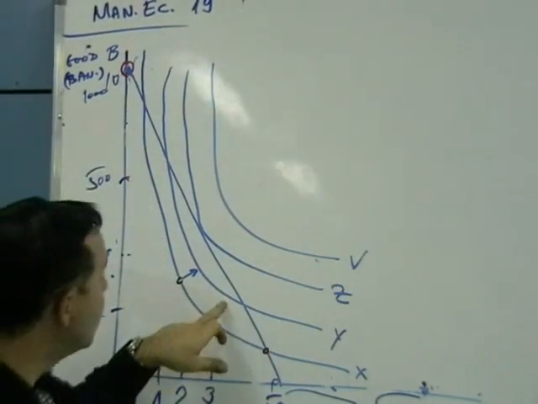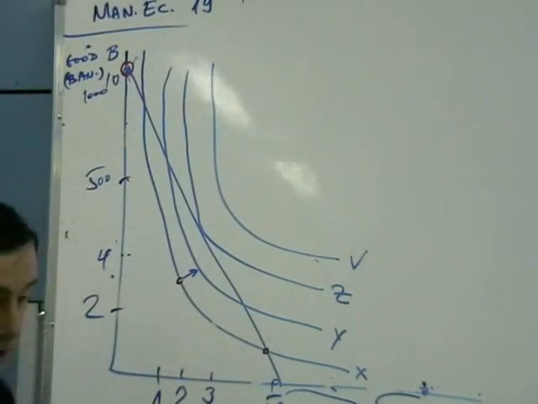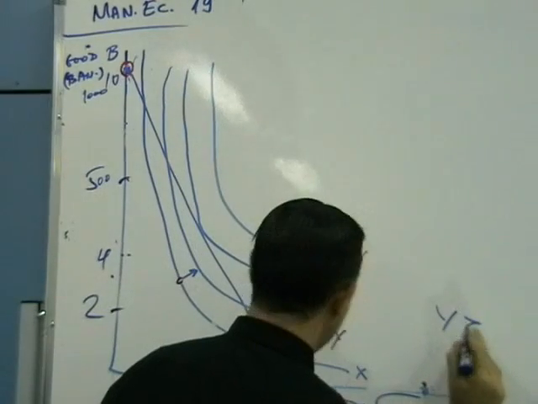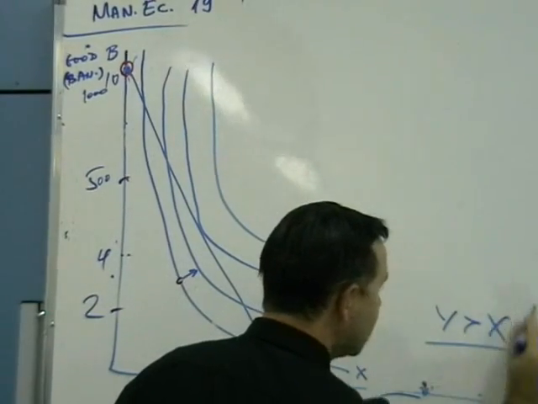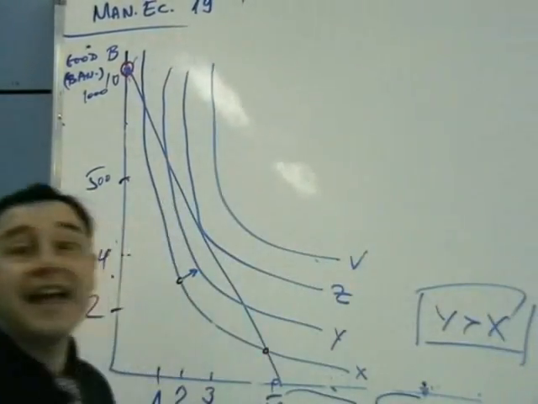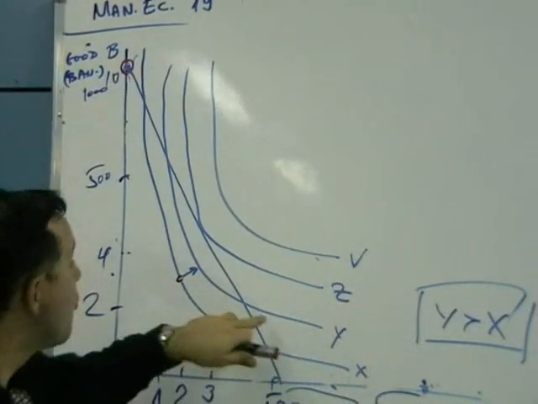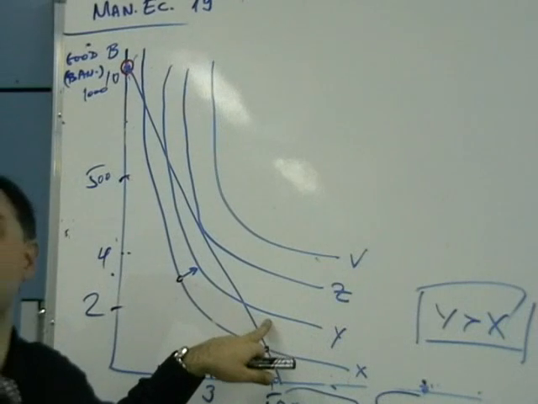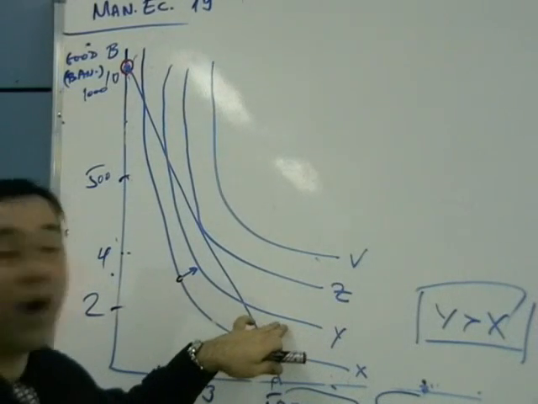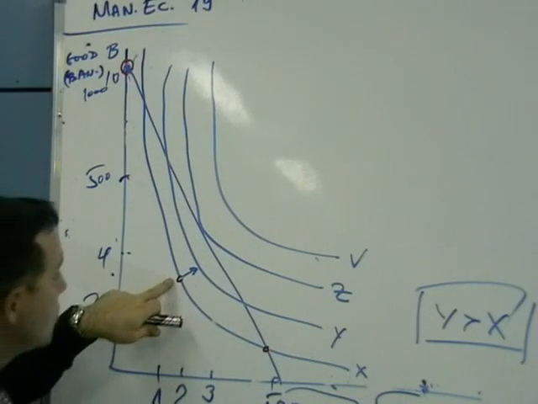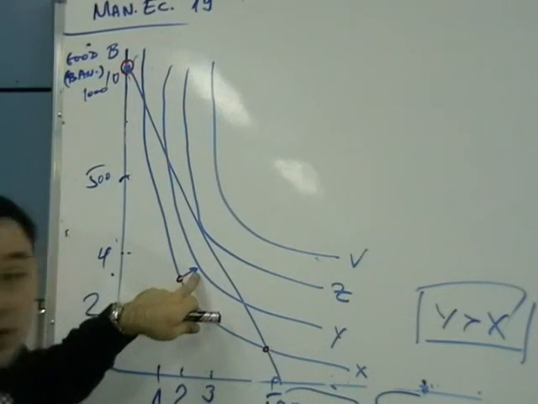Yes. Remember, indifference curve Y is always better than X. So, as long as he can consume on Y, Y strictly dominates X. In other words, Y is strictly preferred to X.